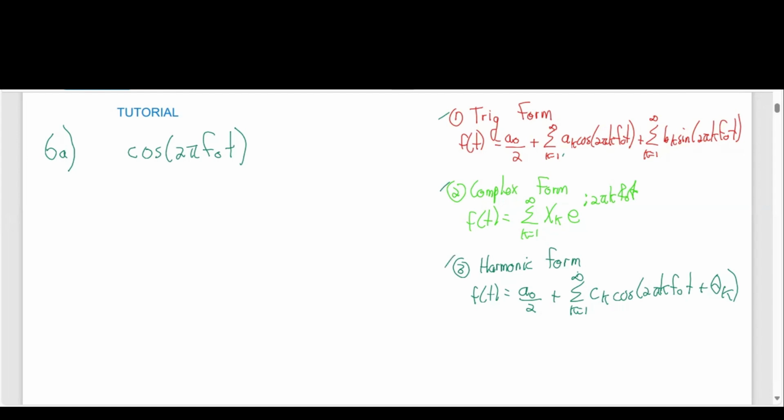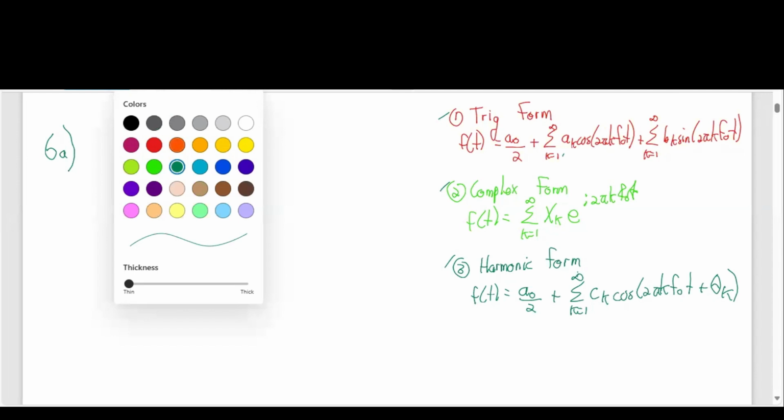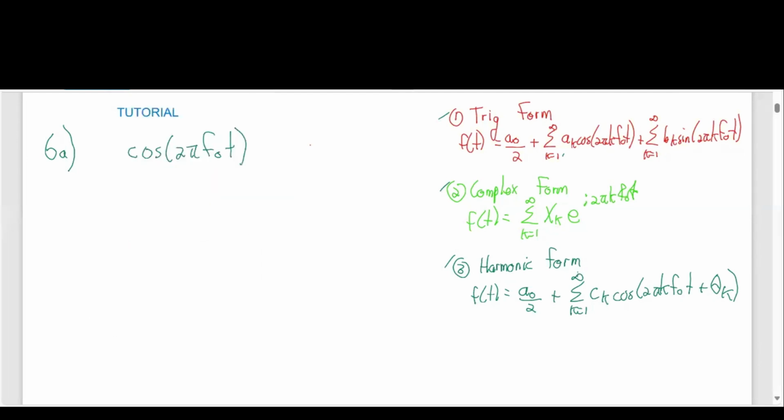So the first part of the question said to express it in its trigonometric form, right? Some things to remember, especially when you're doing spectrums: always make sure that the 2 pi is factorized on this side, always. Because these f's here will be what you call your harmonics, right?